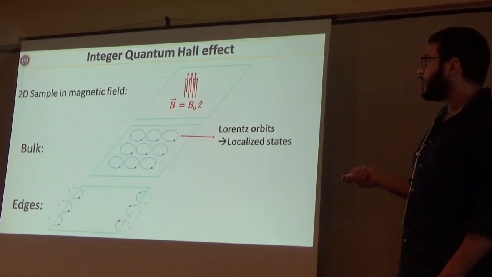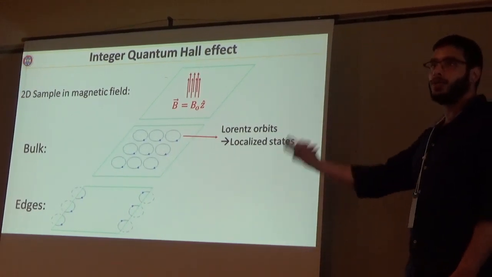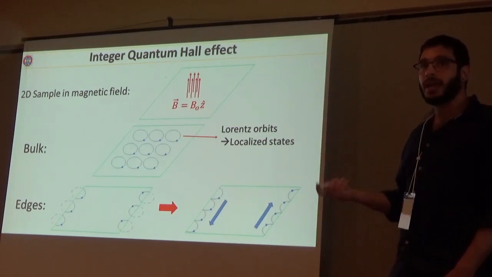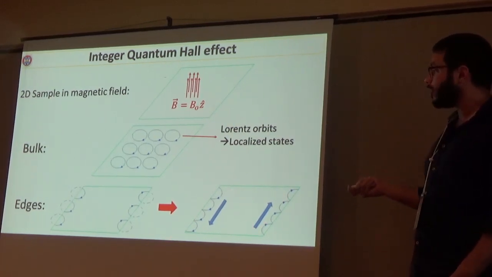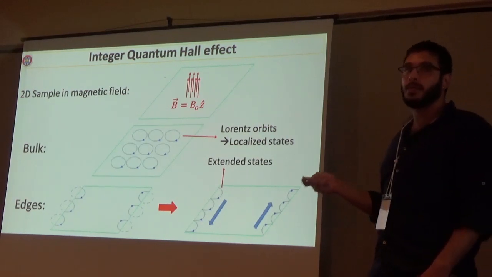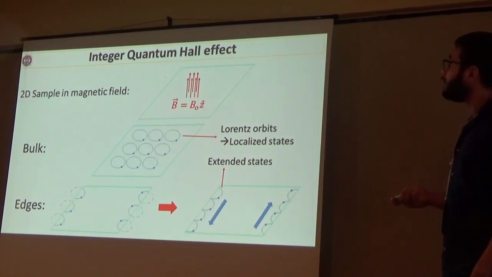The particles try to complete their Lorentz orbits but hit the boundaries and then get into the next Lorentz orbit. This happens again and again to the point that they start moving along the boundaries. So in the quantum theory, these are extended states, and we expect them to contribute to the Hall conductivity.